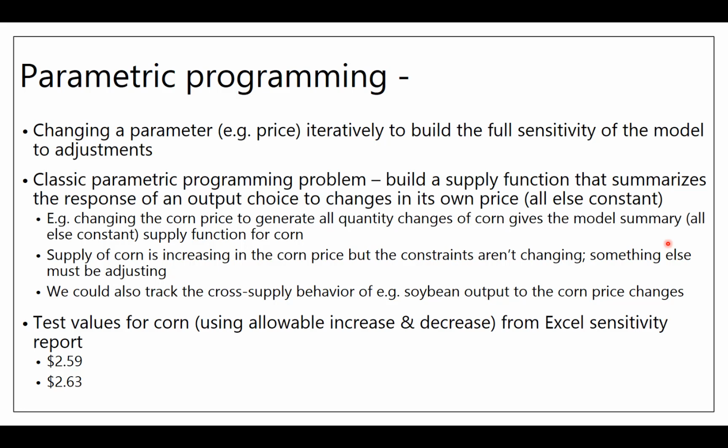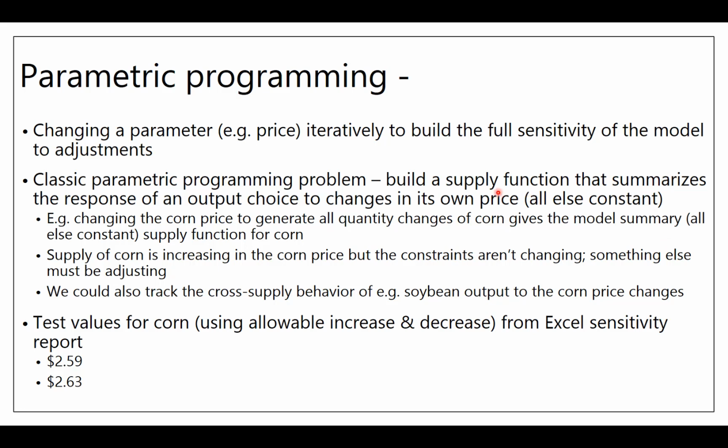So if we were to change the price outside of the allowable increase, outside of the allowable decrease, and change it further from those two values if it's warranted, then we would build up a set of quantity and price pairs, the acreage planted to corn versus the price estimate for corn, that would look a lot like a supply function.